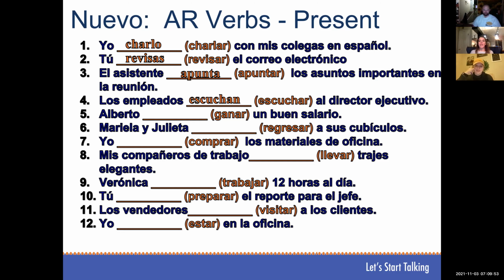Alberto gana un buen salario. Mariela y Julieta regresan a sus cubículos. Oh my gosh, cubículos.